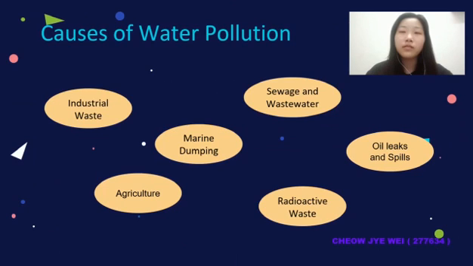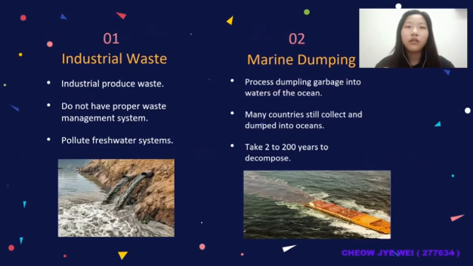The common causes of water pollution are industrial waste, marine dumping, sewage and wastewater, oil leaks and spills, radioactive waste, and agriculture. The first common cause of water pollution is industrial waste.